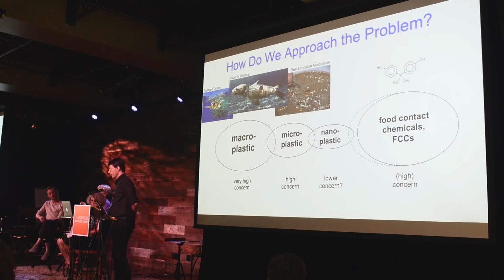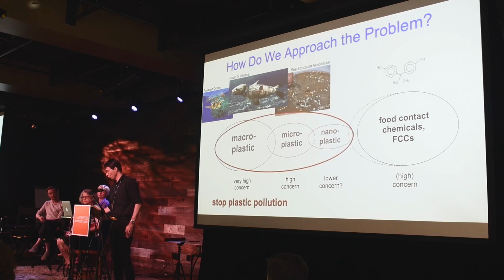On the other hand, we have our topic here, food contact chemicals. And we don't even know if or to what extent food contact chemicals overlap with nanoplastics. And I think that's why nanoplastic is perhaps not the most appropriate angle to look at the problem, because it's just the far end of the distribution of the plastic problem as such.